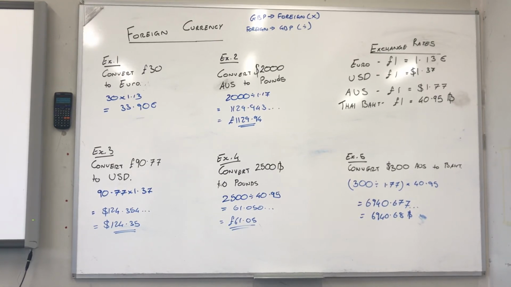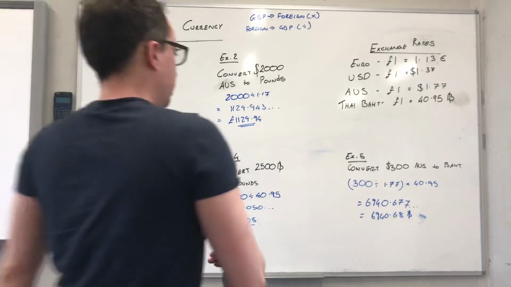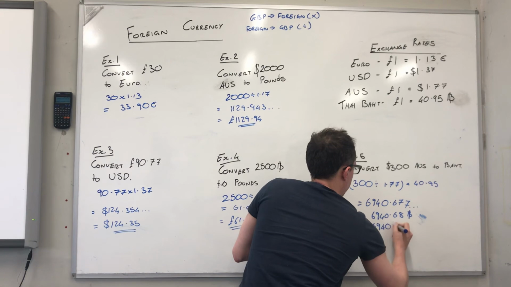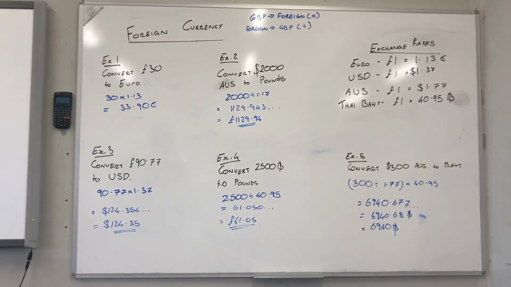Now, having been to Thailand, I know that they don't really have any currency that is less than the whole unit. Not every country splits up their units into things like cents and pennies.